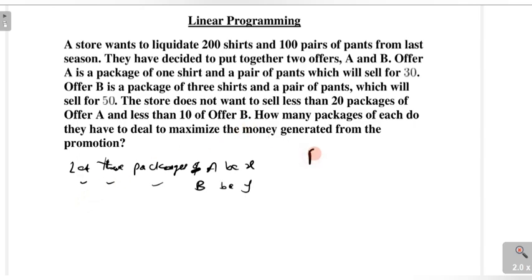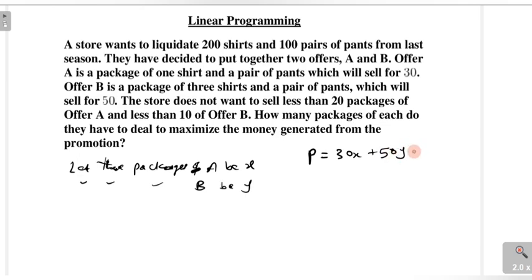So let's say the profit P will then be equal to package A is offering 30 naira. So that will be 30x plus package B is offering 50 naira. So that will be 50y.